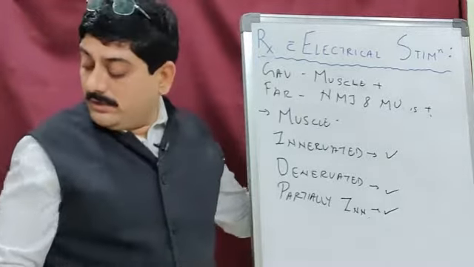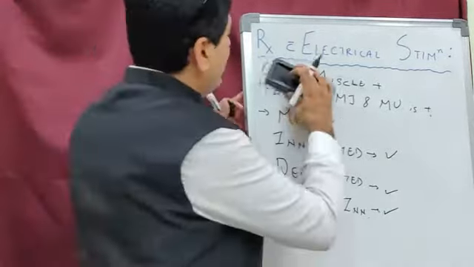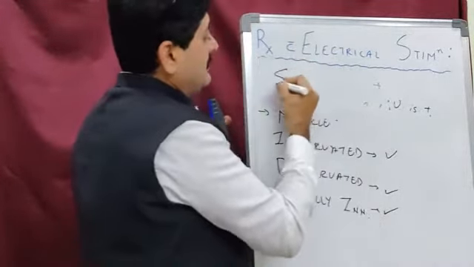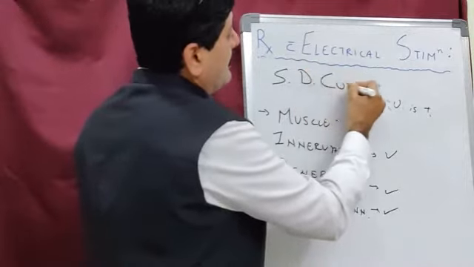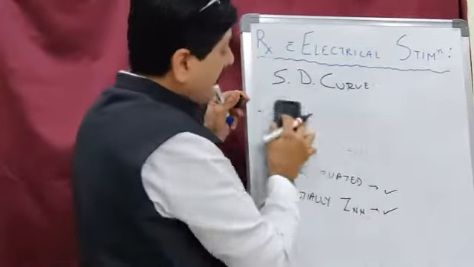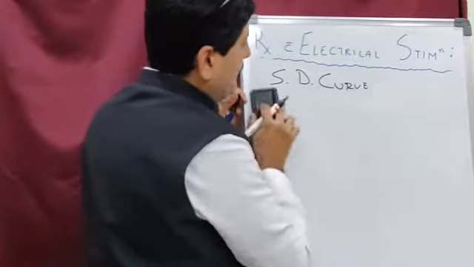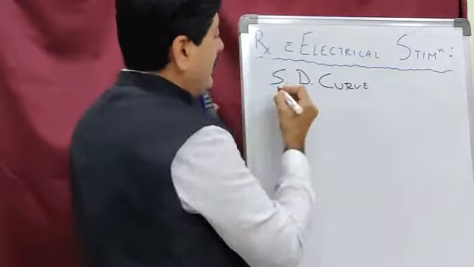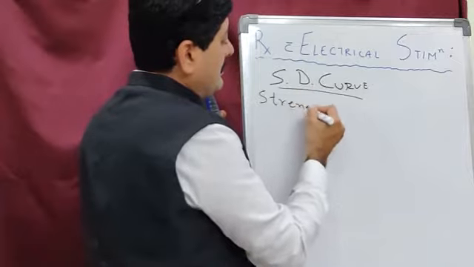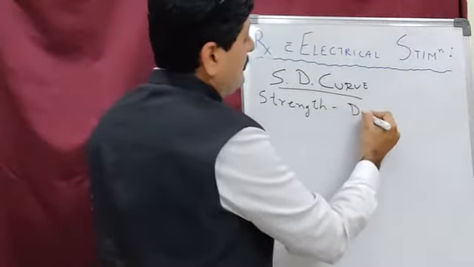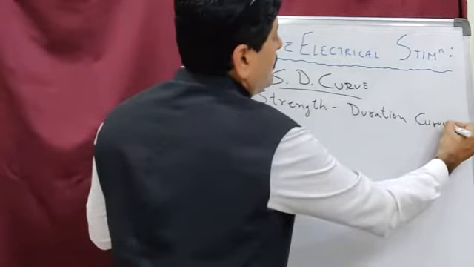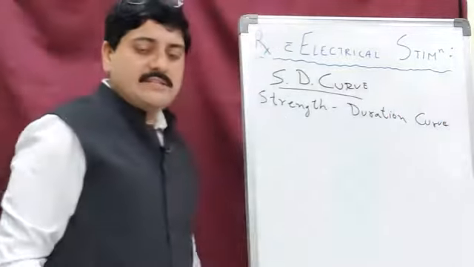To find this out, we use a technique that we call the strength duration curve, right? Once we have found out whether the muscle is responding to Faradic or galvanic, now we are going to find out the strength duration curve. Now what is this strength duration curve?